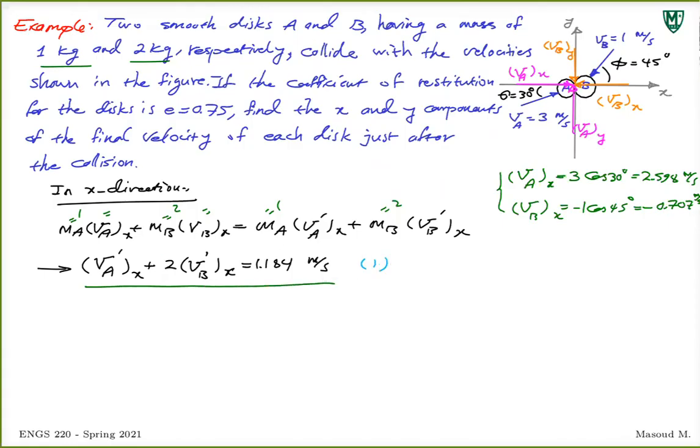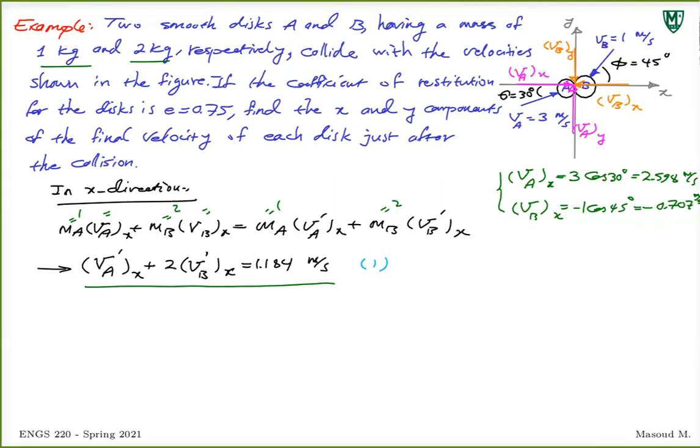Again, the story, we know conditions before the impact, we want to know conditions after the impact. So the relationship between the X components of velocities after the impact is that VA after the impact in X direction plus 2 of VB after the impact in X direction is equal to 1.184.